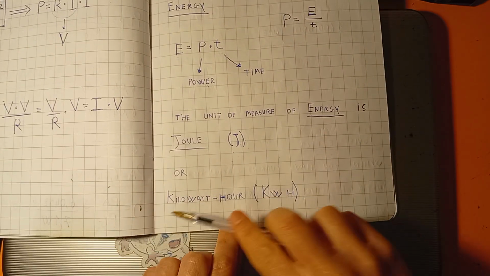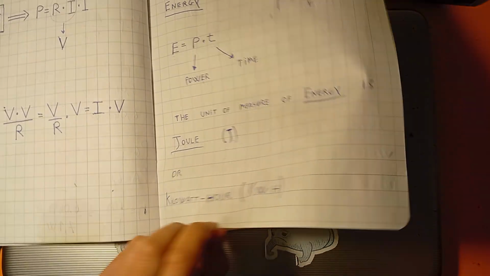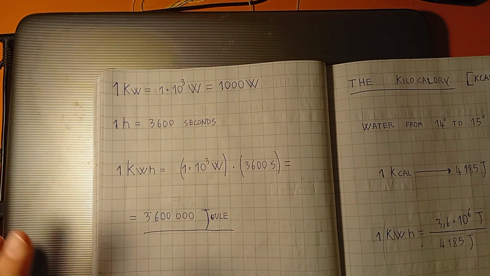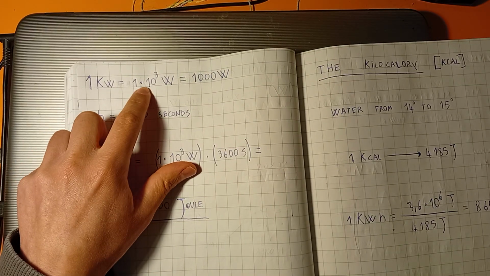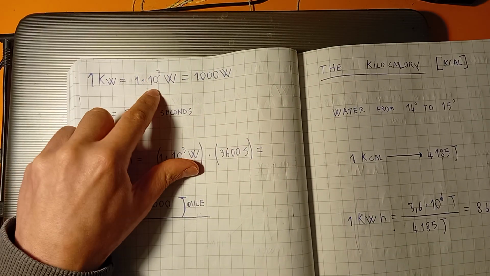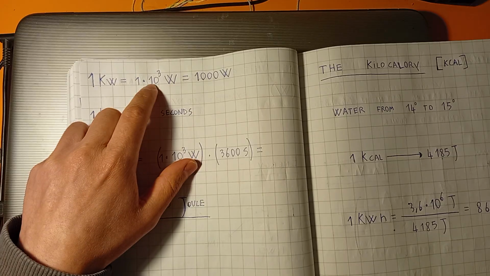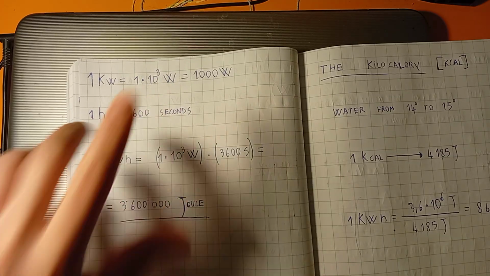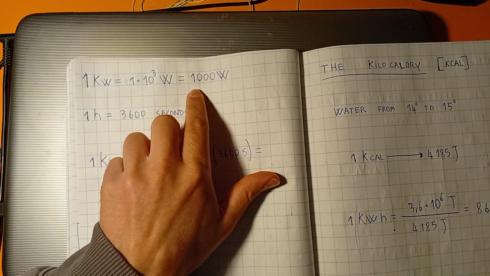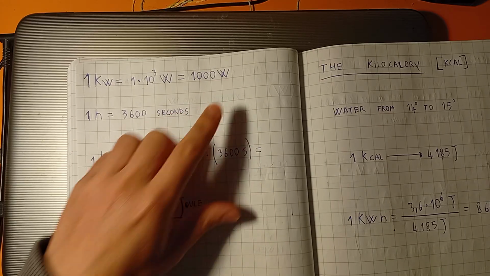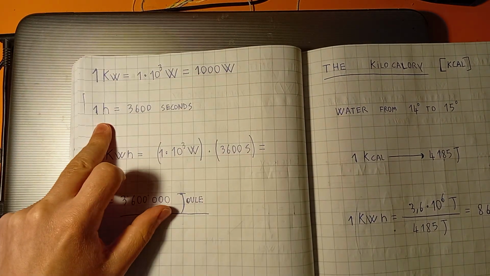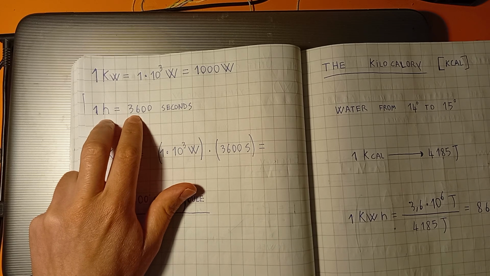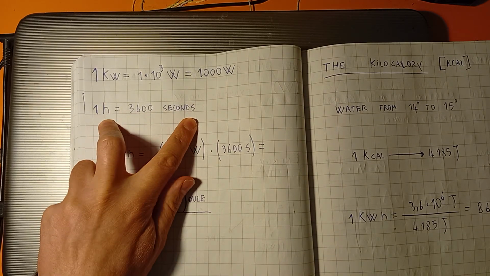Now let's talk about the kilowatt hours. What is the kilowatt hour? Well, 1 kilowatt is 1 multiplied by 10 cubed watt, 10 elevated to 3 watt, and this is just 1000 watt. So this is 1 kilowatt, 1000 watt. 1 hour is equal to 3600 seconds.